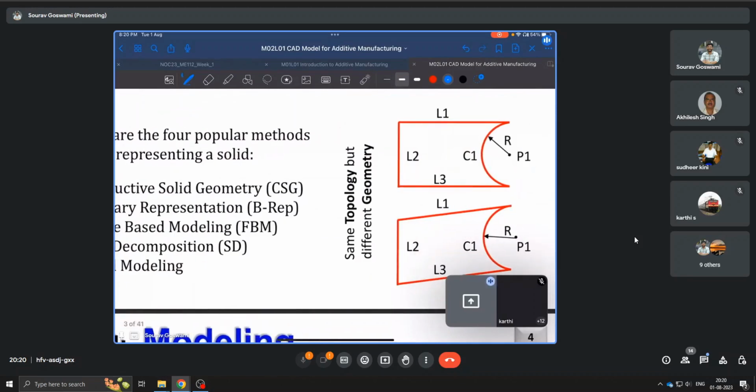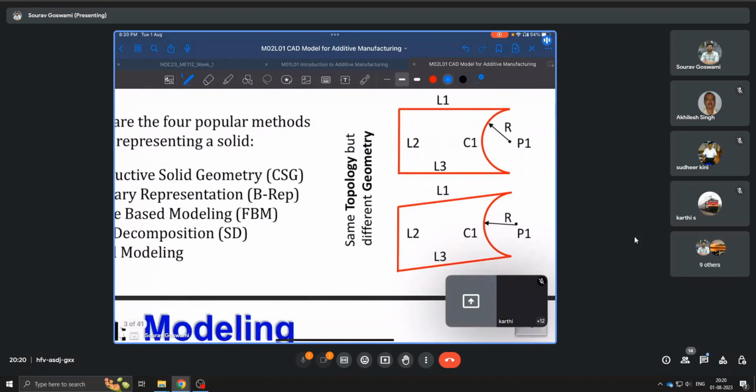Whereas in the example to the right, you might have similar topology again. This arc is concave with respect to this body, and in both cases, the center of this arc lies outside. But as you can see, L1 here and L1 here are not the same.